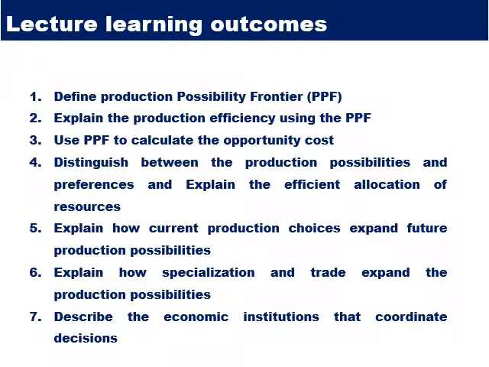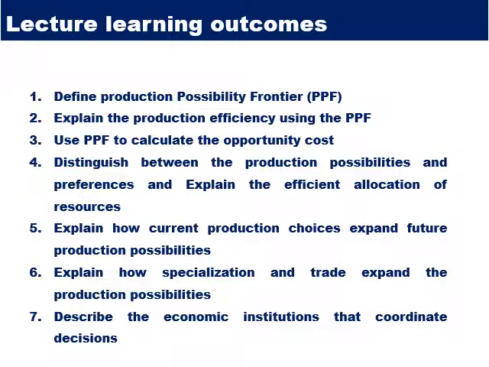These are the learning outcomes of Chapter 2, and today we will focus on point 6. We will explain how specialization and trade expand the production possibilities, or in other words, we will explain the gain from trade.